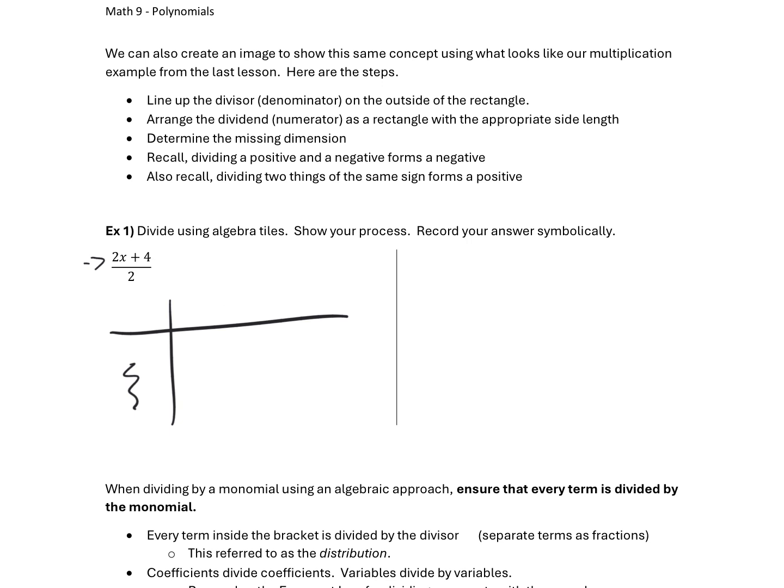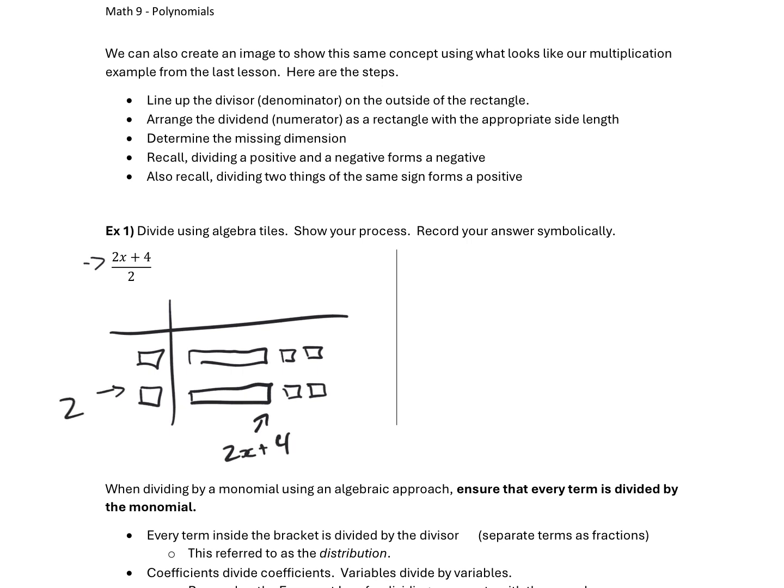So I'm going to put the 2x plus 4. If I divide them by 2, I'm going to put 2 little algebra tiles here, and then I'm going to line those up equally in rows here. So then I get this, this, this, and that. So I have in here 2x plus 4, and here I have 2. Now I have to figure out what goes here, and this piece here indicates what goes there.